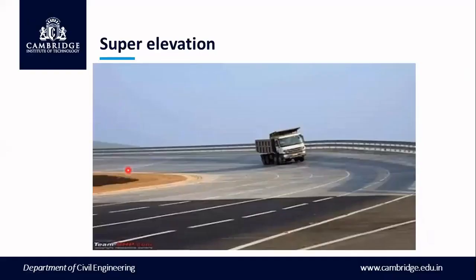Okay, to start with, let's just look into this picture. If you can see, the road is not exactly horizontal. You feel that the road is tilted, or the vehicle is tilted since the road is tilted a little bit.